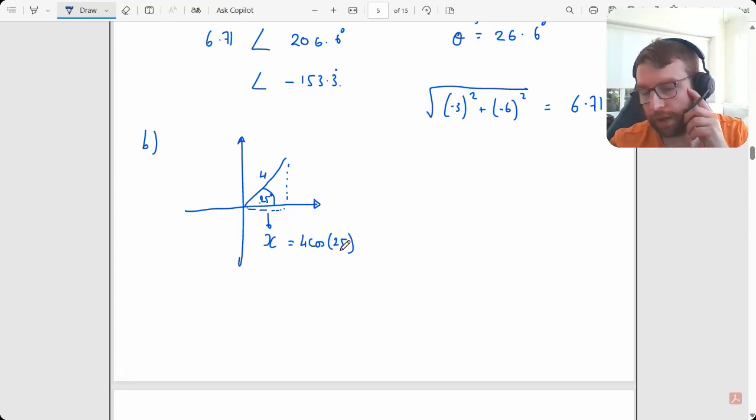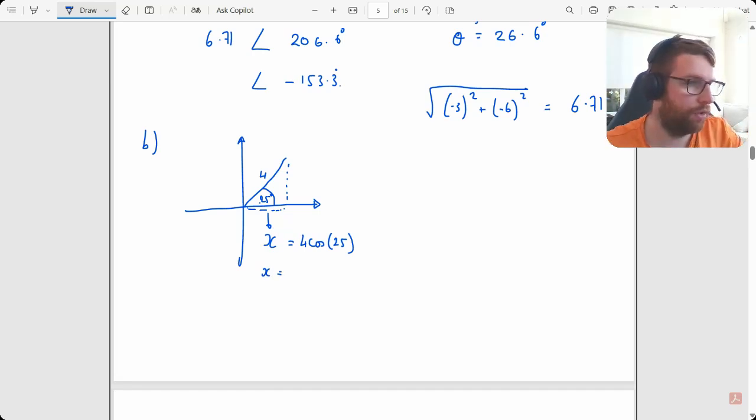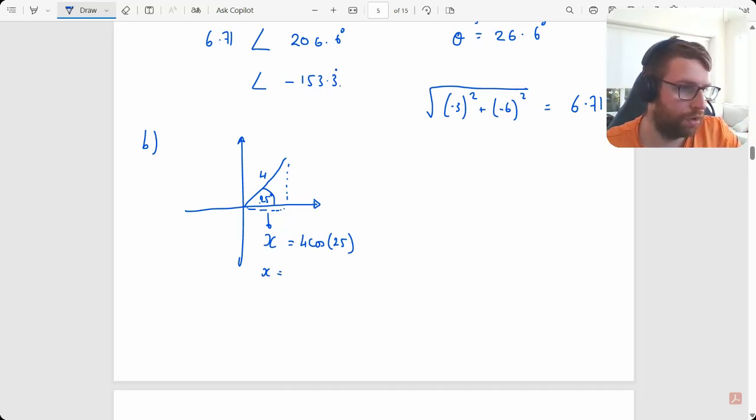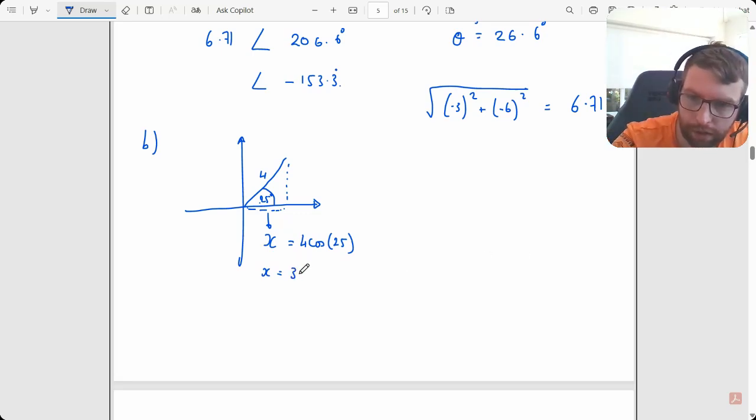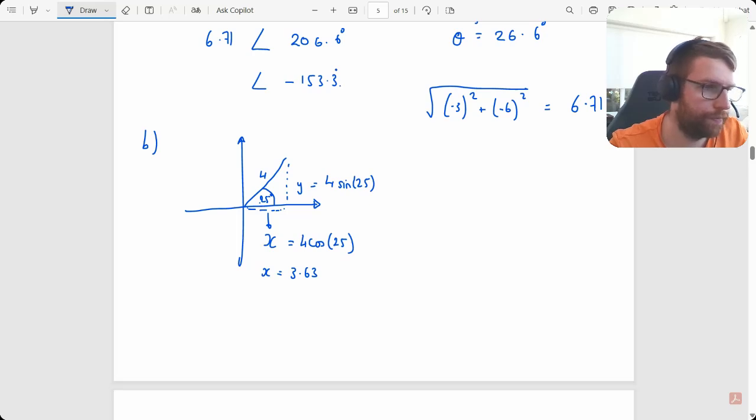So like the number r, the hypotenuse, cos the angle, and that should get us 3.63, and then y is 4 sin 25.